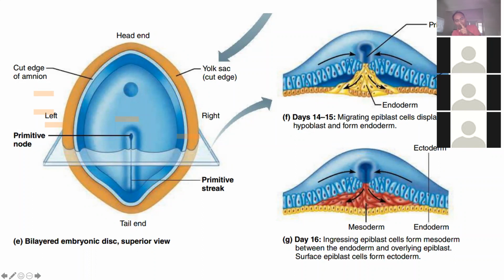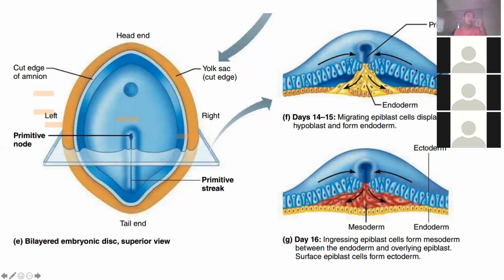And this epiblast again is pushing inwards and making another cell, and that cell will gradually invade into the hypoblast. This new formation of cells is called the endoderm. Now the hypoblast has to change into endoderm. Look here, guys.